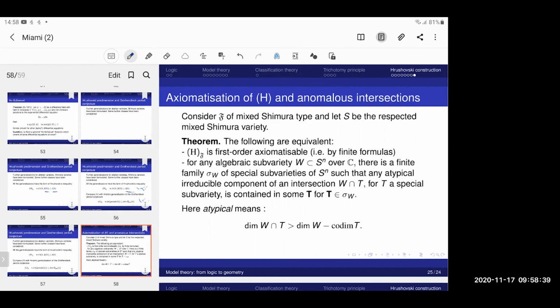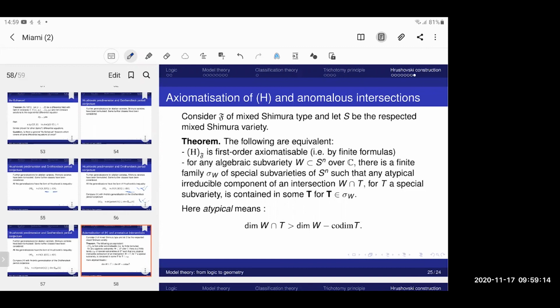You see, in all these examples, really, if you again work on this from a logical point of view, you analyze your axioms and you find that some strange thing is happening. So in some cases, this predimension inequality, well, you want this predimension inequality to be finitely axiomatizable. Well, it's not exactly, well, first order axiomatizable is the right word for this.